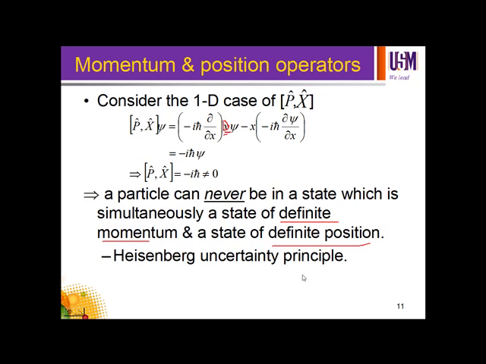Remember Heisenberg uncertainty principle in modern physics, that you cannot determine the exact position of a particle and at the same time determine the exact momentum. So since P and X here, we can prove the Heisenberg uncertainty principle by using the commutative properties of operators.